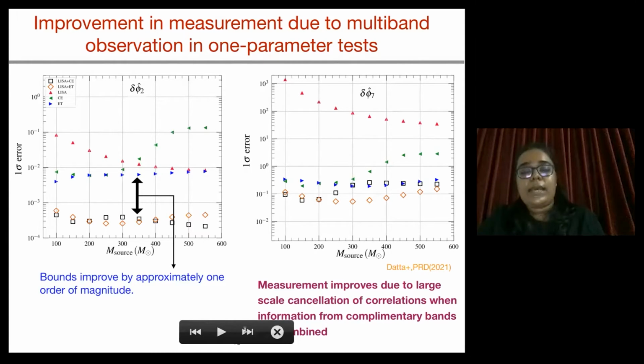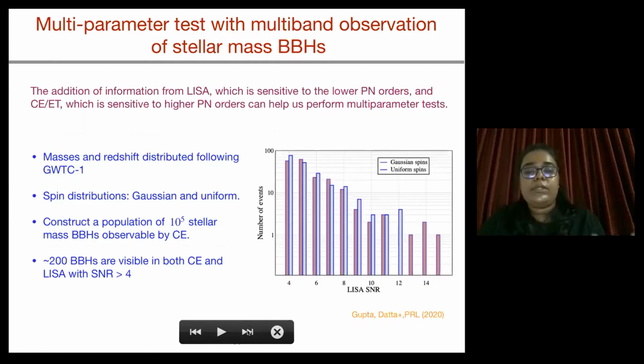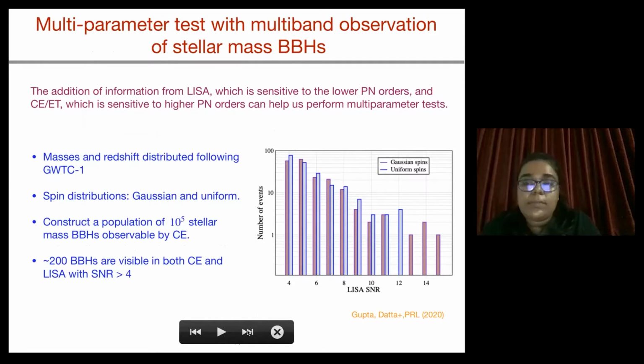So now, since we know about this improvement, we try to assess this from a multi-parameter point of view. For that, we make a population of 10 to the power 5 stellar mass binary black holes, following the masses and redshift distributions given by the first gravitational wave transient catalog.